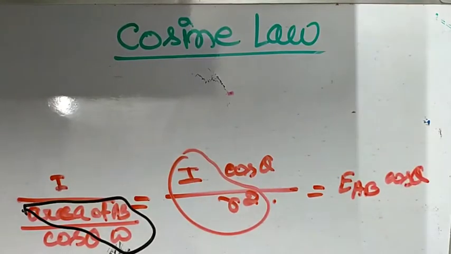So it follows that the illumination at a point on a surface is proportional to the cosine of the angle which ray makes with the normal to the surface at that point.